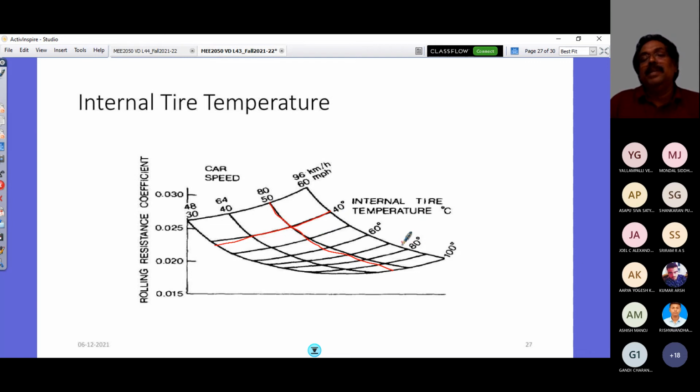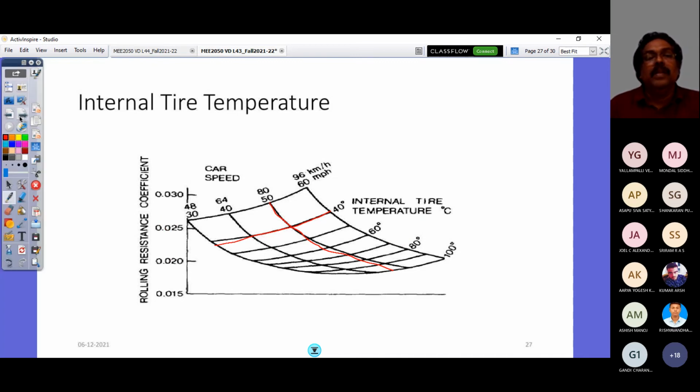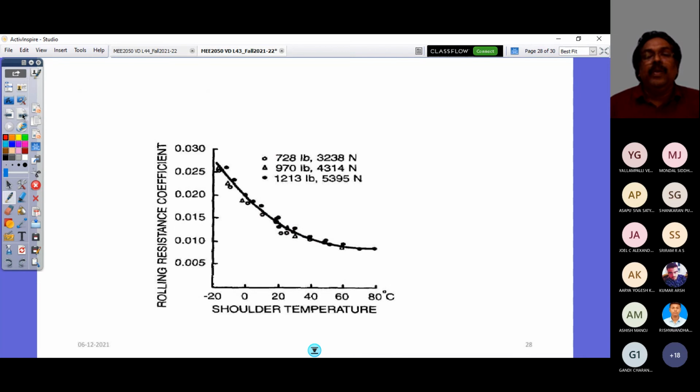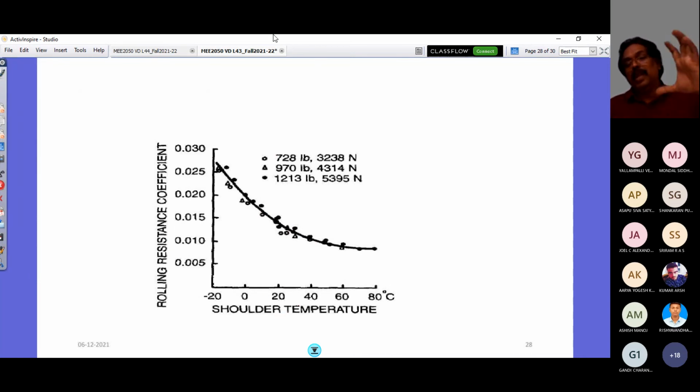So as the temperature increases, your rolling resistance coefficient decreases, and as the speed increases, your rolling resistance coefficient increases, right? And if you look again at the temperature, the shoulder region alone is given primary importance because that is going to have more flexing action, since it connects the tread and the sidewall, and that portion is very important in contributing. Of course, the shoulder region contributes less than the tread and sidewall, but we can't neglect it.